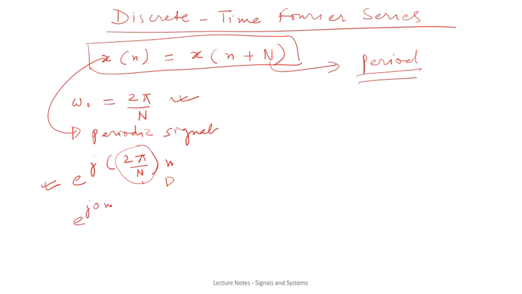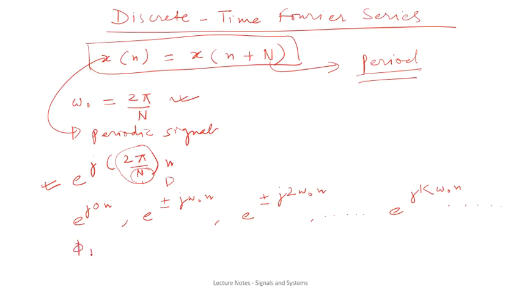For example, e raised to the power j0n, then e raised to the power plus minus j omega naught n, e raised to the power plus minus j times 2 omega naught n, and so on. For any value, let us suppose k, e raised to the power j k omega naught n, and so on. So there will be a set of all these discrete time complex exponential signals that are periodic with this value of N as its period.